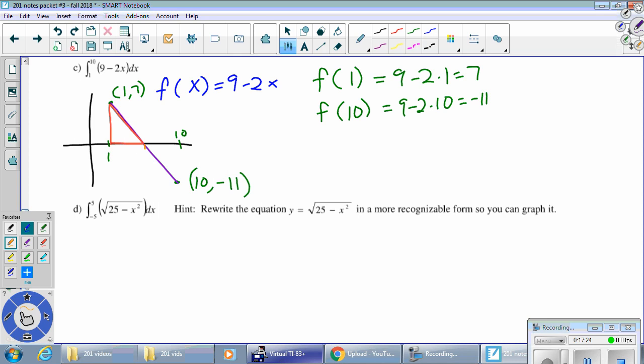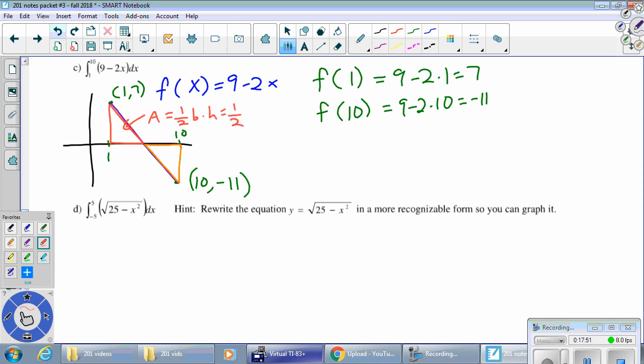And part of the area, oops, almost went the wrong side. It's always between the curve and the x-axis. So it's that triangle. There's no space in between here. Okay, so the integral is the combined signed areas of the red and orange triangles. So let's find those areas. Half base times height up here.